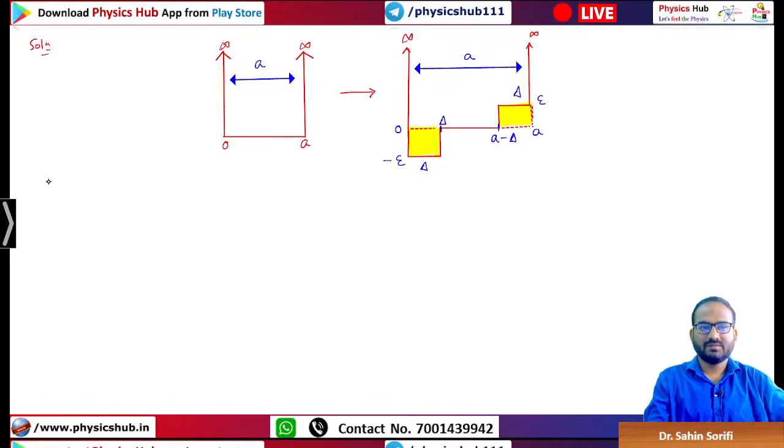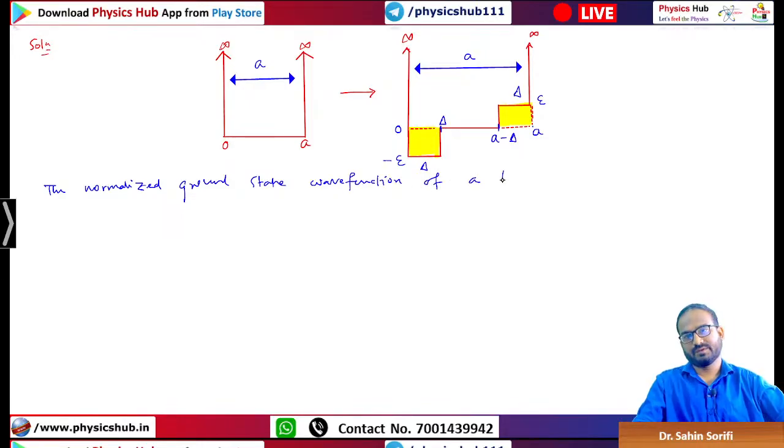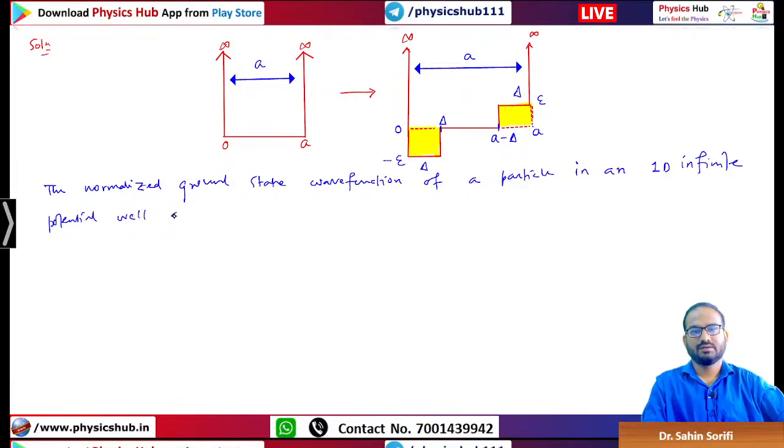Now you know the normalized ground state wave function of a particle in a box, a particle in a 1D infinite potential well of width A. Psi n is square root of 2 by A sin n pi x by A. So n is equal to 1, so sin pi x by A. This is the ground state.